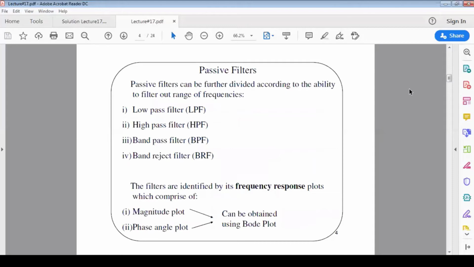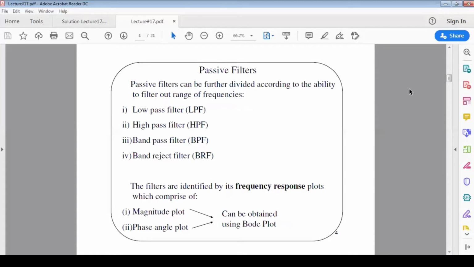Okay, so the passive filters can be further divided according to their filtering ability, where you are going to learn about number 1, the low pass filter, LPF, number 2, the high pass filter, number 3, the band pass, and number 4, the band reject, yeah.